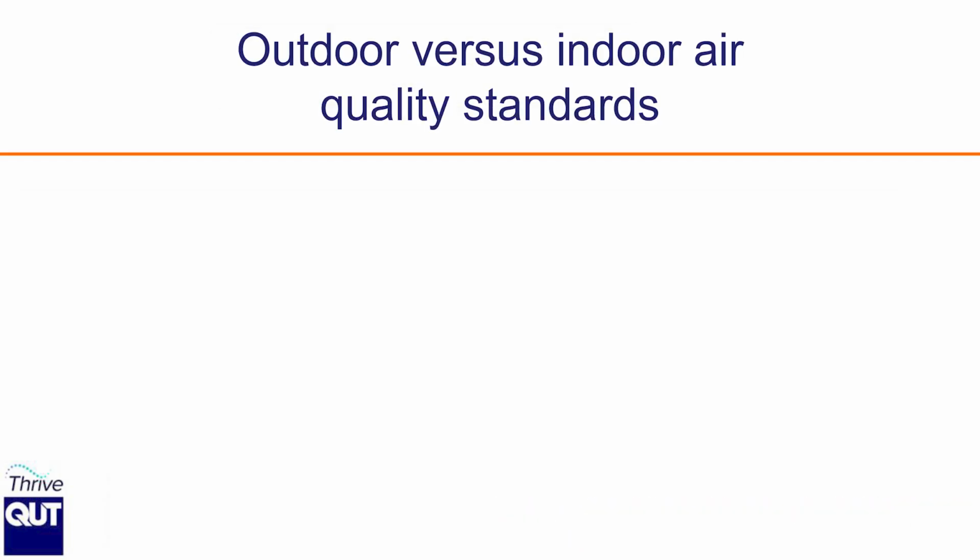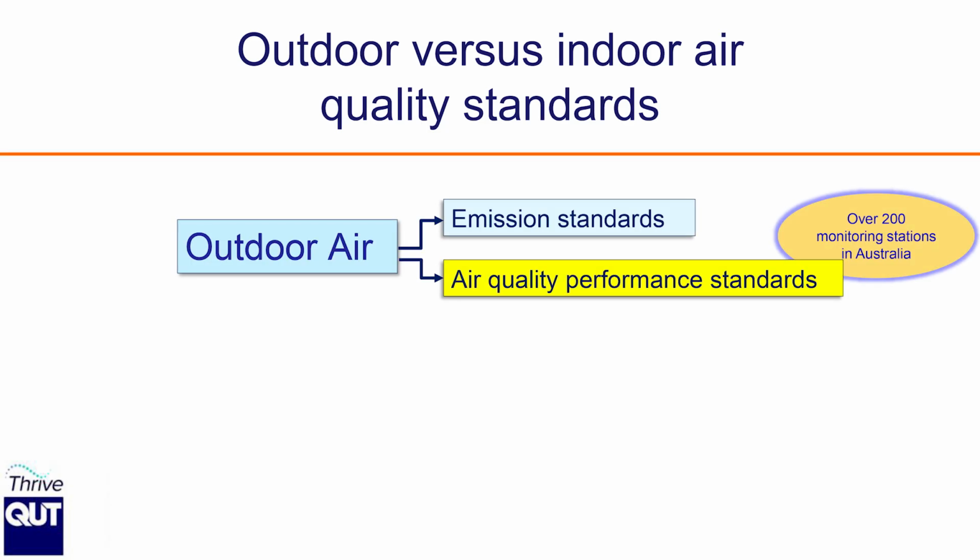Putting this from the perspective of outdoor versus indoor air, any intervention in indoor air has to look at the bigger picture. If we consider outdoor air, we have two types of regulations: emission standards and air quality performance standards.